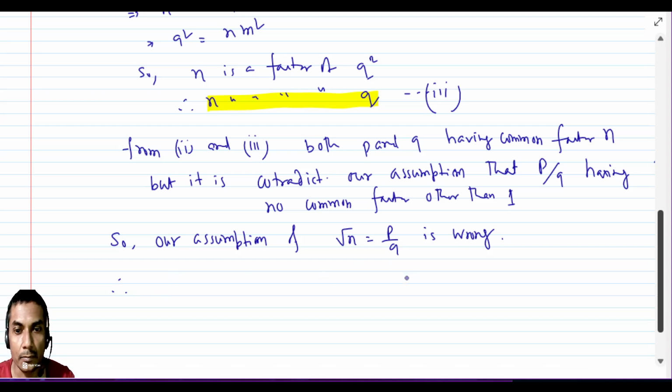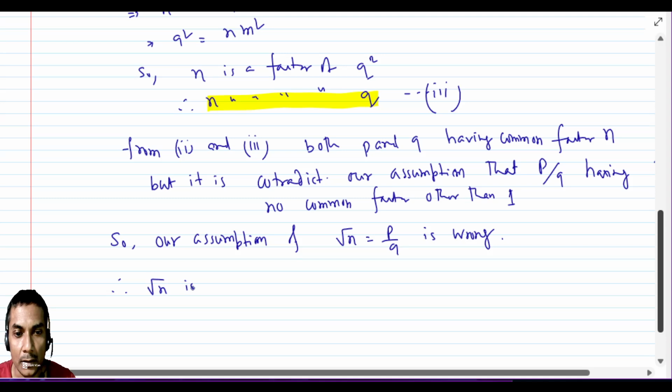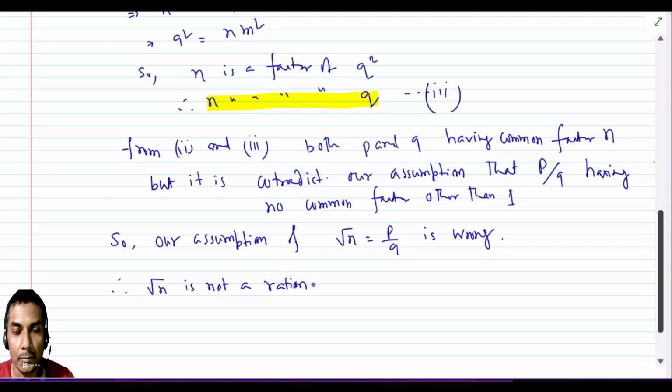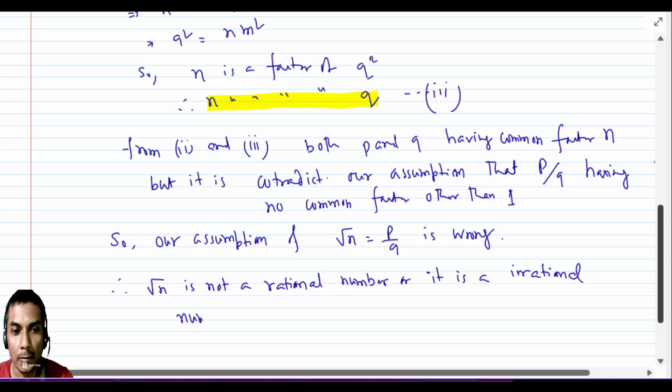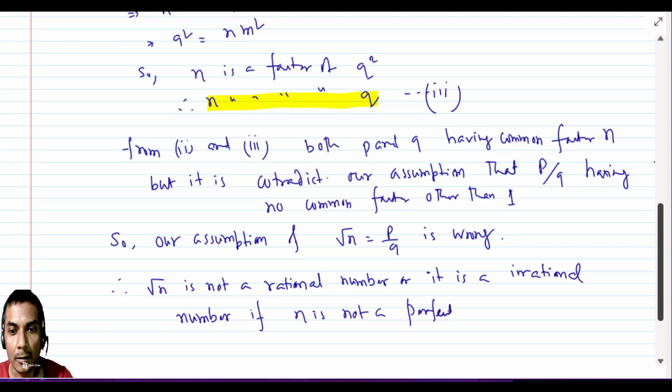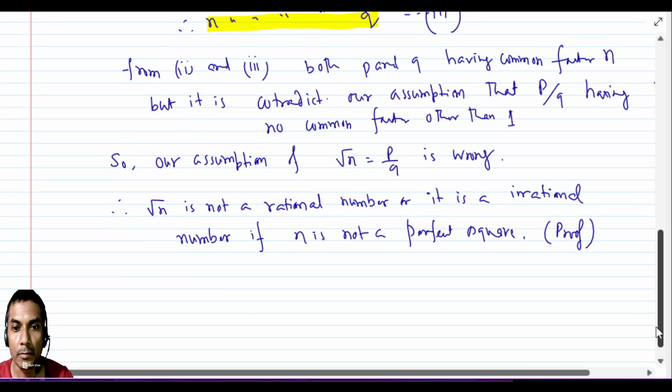Means root n is not a rational number, or it is an irrational number, if n is not a perfect square. That is the answer. Proof. Clear?